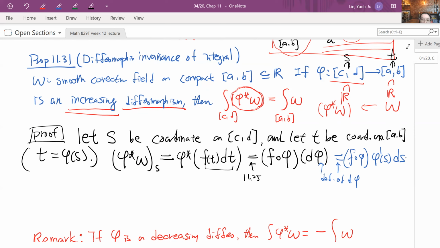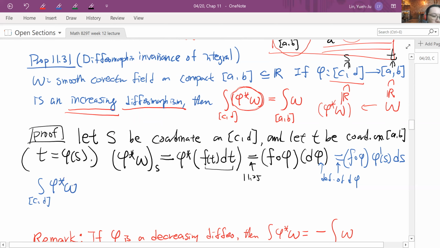Okay, so up to here, now I want to integrate on both sides. On both sides, I have the integral of the pullback of W over CD.